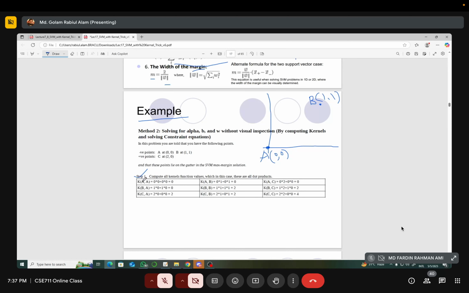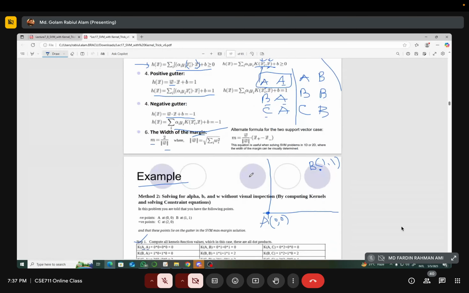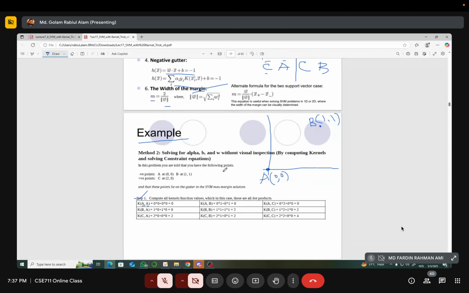So in this case, if we want to compute the KAA, that means A and A. We want to find out the value of A and A. So we have the data point A, the vector is 0, 0, and then A also 0, 0, two vectors.